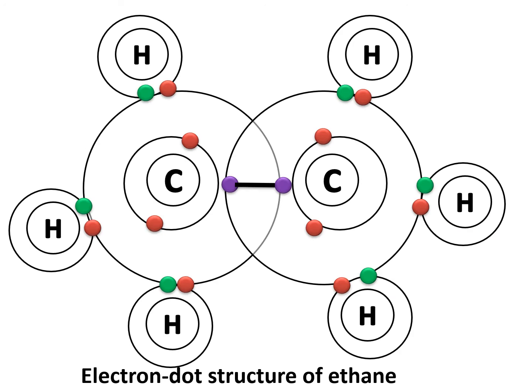In this way we see that the valency or the outermost orbit of carbon as well as hydrogen is completed, and this is the final electron dot structure of the ethane molecule.